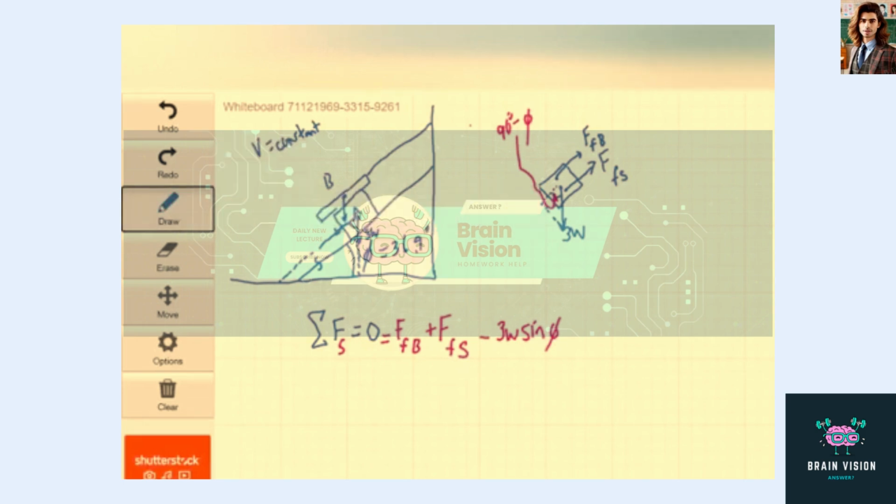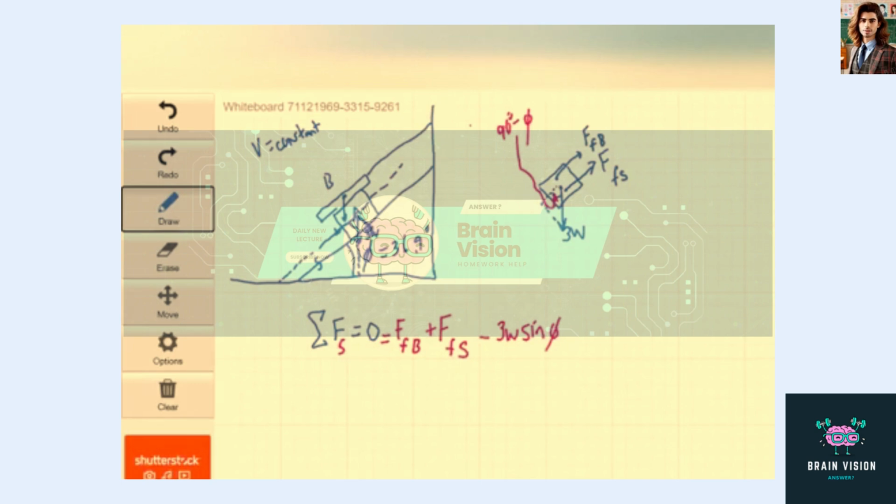So I want to continue this line here, and I need to get the normal force. Well, it would just be the normal force for both of these.